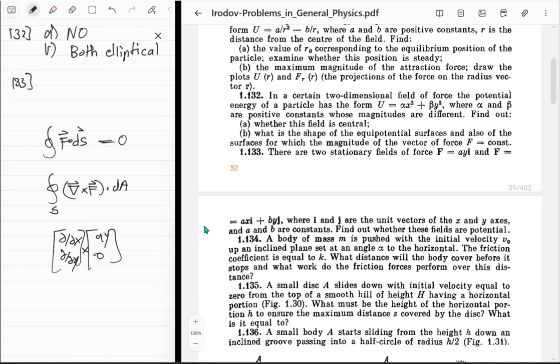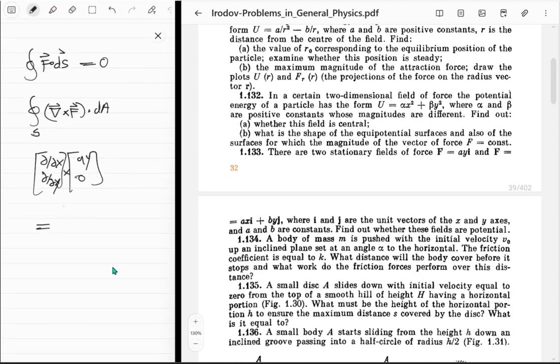Okay. So I'm just trying to prove that maybe these are not conservative. And I really don't know what fields being potential means, but we can prove whether or not it's conservative. Fine. So you got this curl.